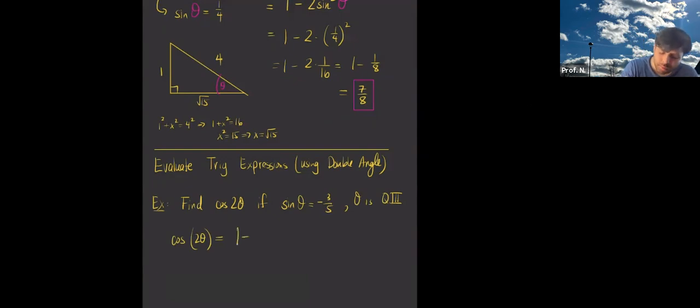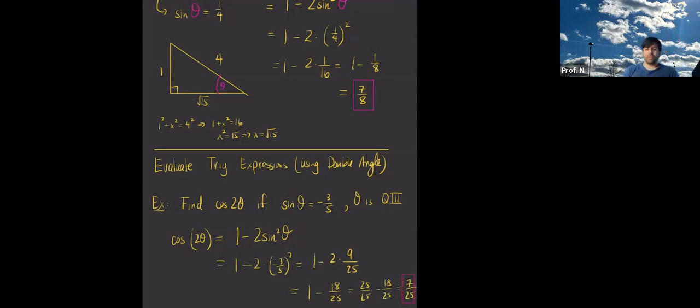So I should use 1 minus 2 sine squared theta, which is 1 minus 2 times -3/5 squared, which is 1 minus 2 times 9 over 25, which is 1 minus 18 over 25, which is 25 over 25 minus 18 over 25, which is 7 over 25. So I got that cosine of twice the angle is 7 over 25.